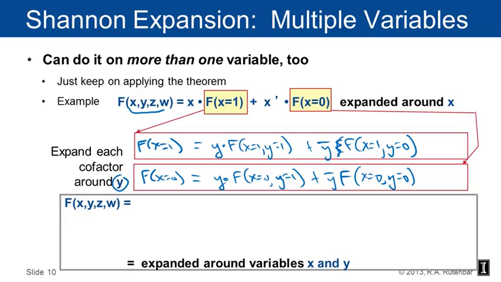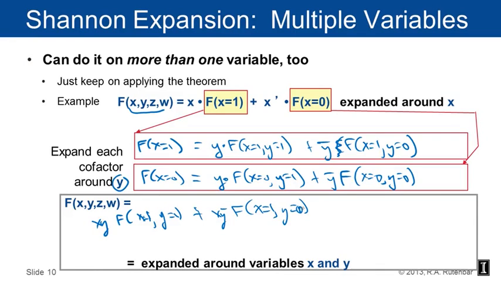And so this is kind of obvious. If you take these two things in the red boxes and substitute them back up into the yellow boxes on top, what you get is the 4 product version of the Shannon expansion in 2 variables. So f of x, y, z, w is equal to xy times f of x equals 1 and y equals 1, plus x y bar times f of x equals 1 and y equals 0.